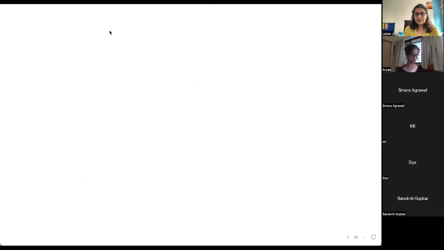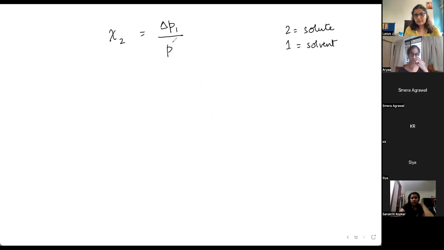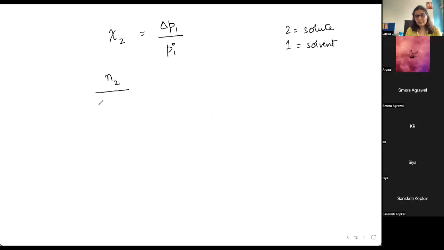Okay. So again, 2 is solute and 1 is solvent always. So we got mole fraction is equal to delta P upon P naught. Now mole fraction is the number of moles of solute upon the number of moles of solvent plus solute, which is the total number of moles, which is equal to delta P1 by P1 naught.